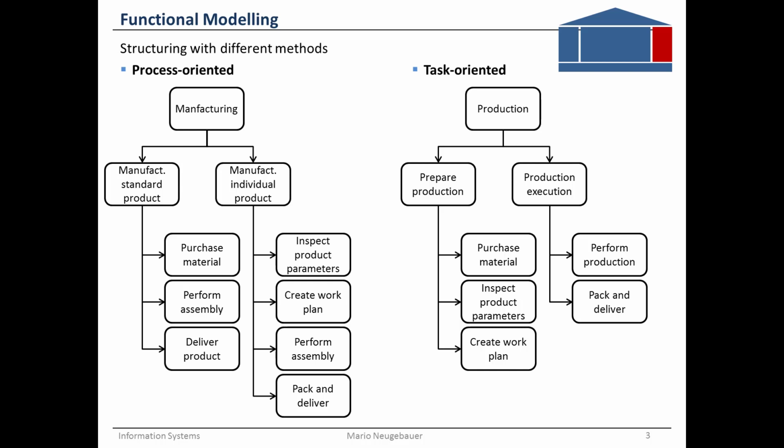And then again, in this function, production execution, it would not be enough to just follow the functions. You would have to prepare your production with other specialized functionalities. So the task-oriented view does not align with the business process one-to-one.